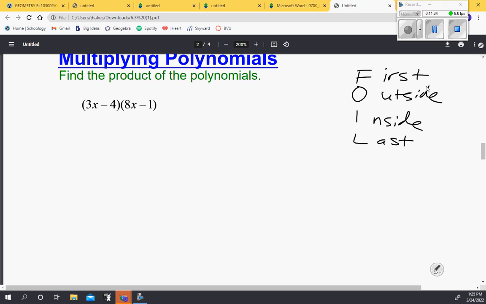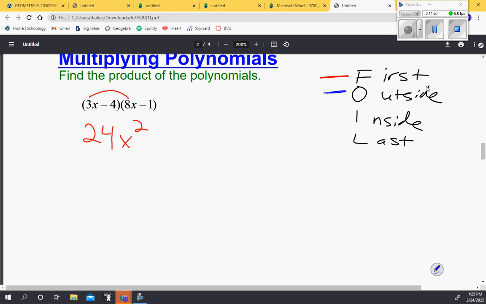Let's start with first. First is the first terms in both the parentheses. 3x times 8x. We know what 3 times 8 is. It's 24. But then we have an x and an x. X times x is x squared.